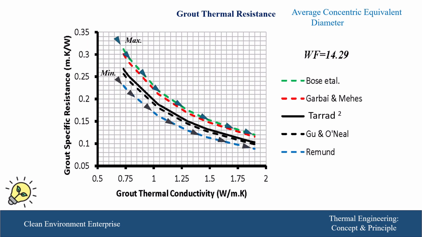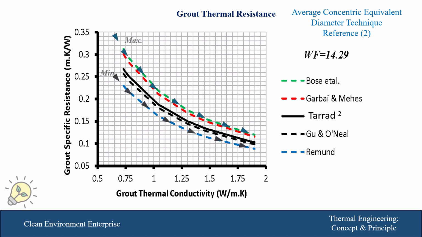Here we are using the average concentric equivalent diameter technique as described in reference 2. And again here, the maximum was predicted by Bo et al., and the minimum was predicted by Raymond.